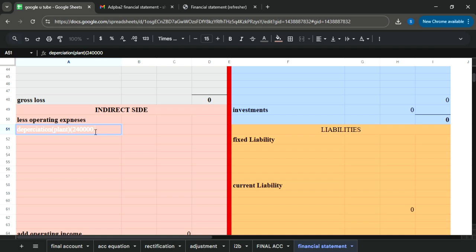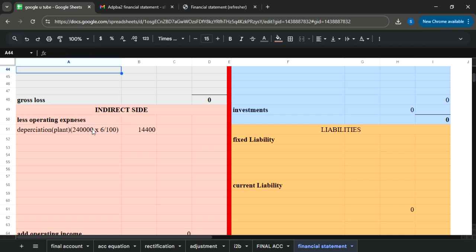240,000 multiplied by 6 divided by 100. This way you will calculate your depreciation. How? 240,000 was the amount of your asset multiplied by 6 divided by 100. So depreciation has been calculated. First effect is completed.